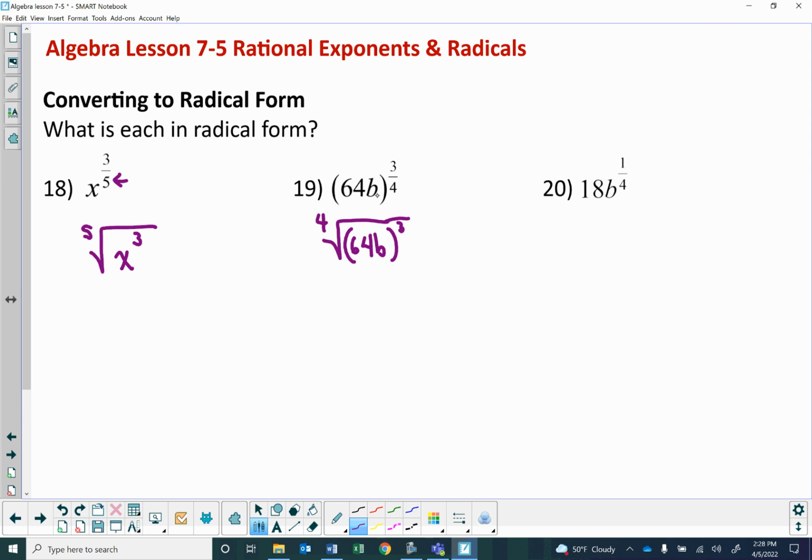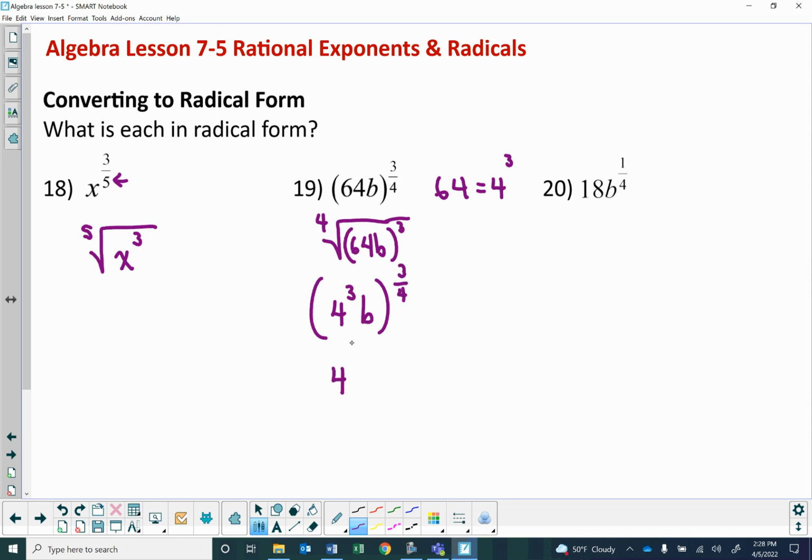So I'm going to think of this. Okay, I know that 64 is equal to 4 to the 3rd, 4 times 4 times 4. Okay, so if I wanted to, I could make this 4 to the 3rd b all raised to the 3/4 power.